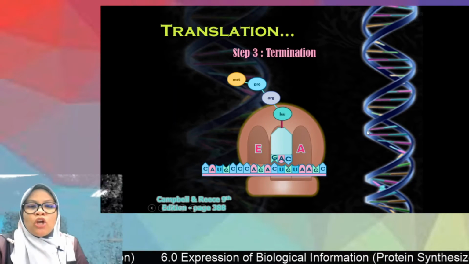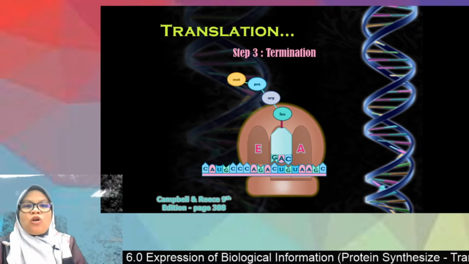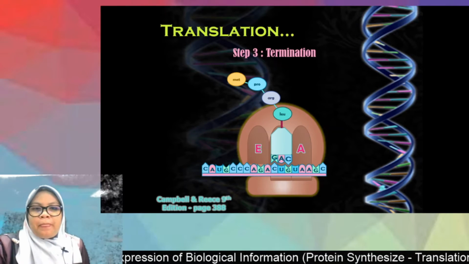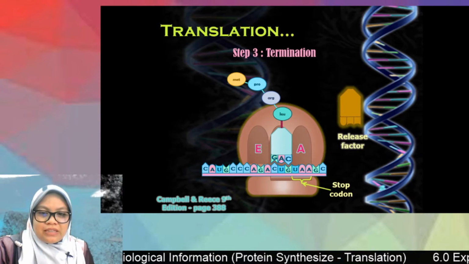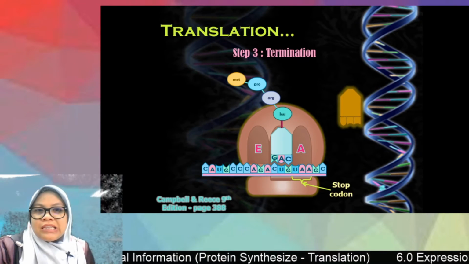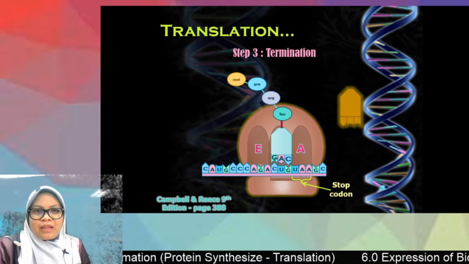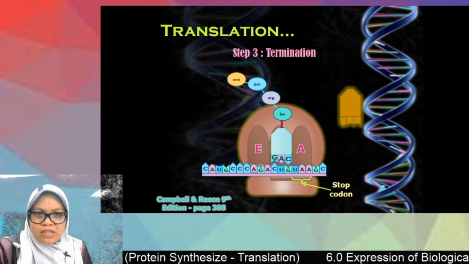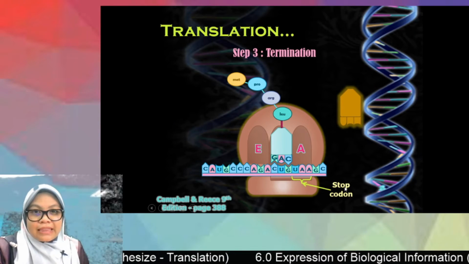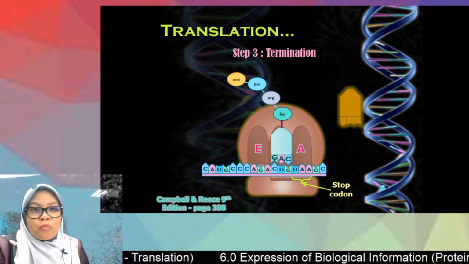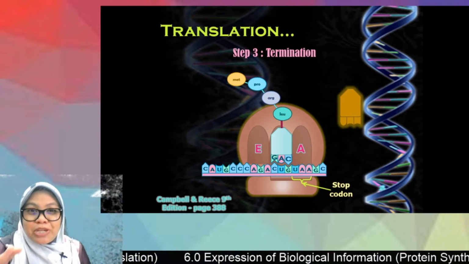So what happens when the A site reaches one of the stop codons? The first thing is the release factor, which is a tRNA-like factor that carries no amino acid. Why no amino acid? Because a stop codon will not code for any amino acid.